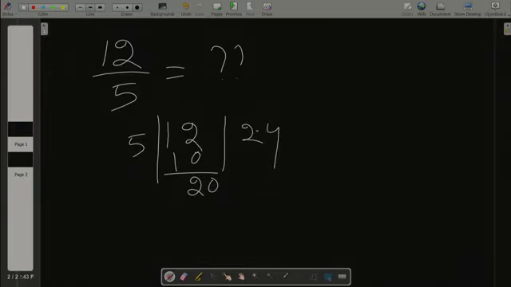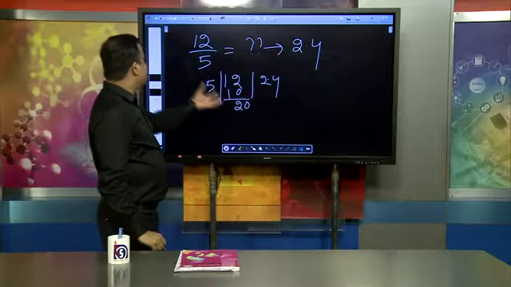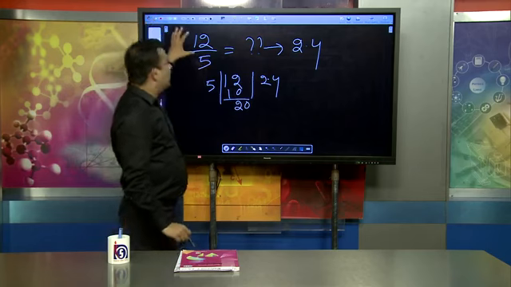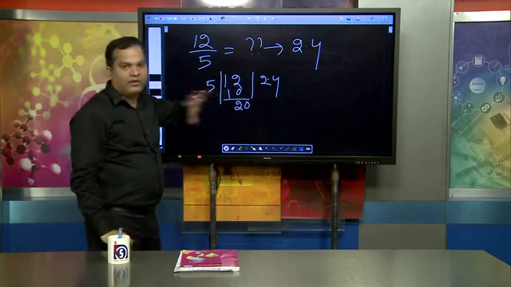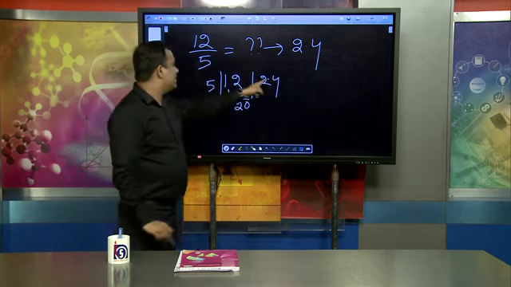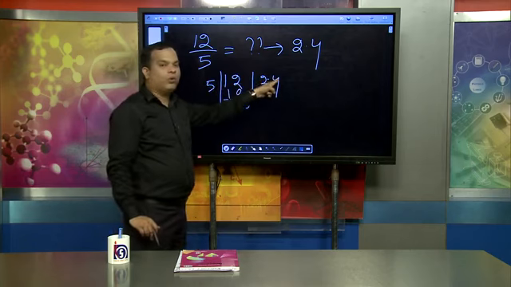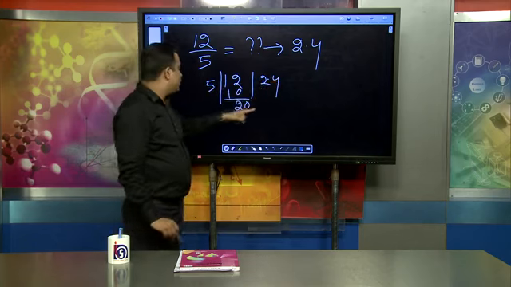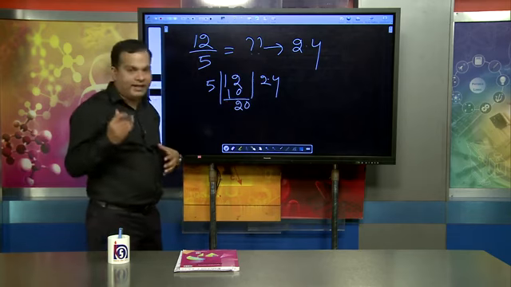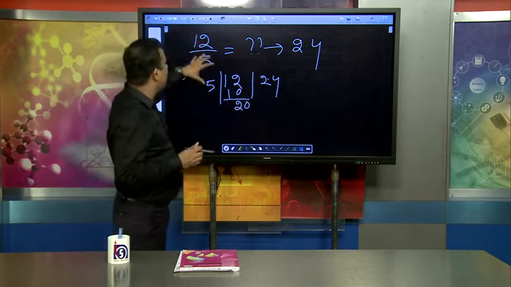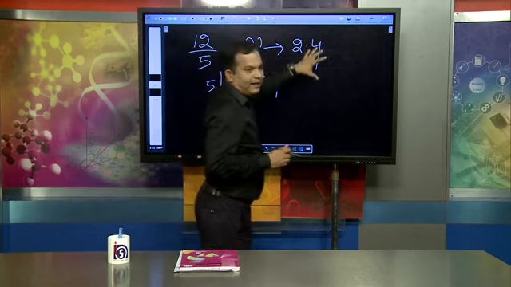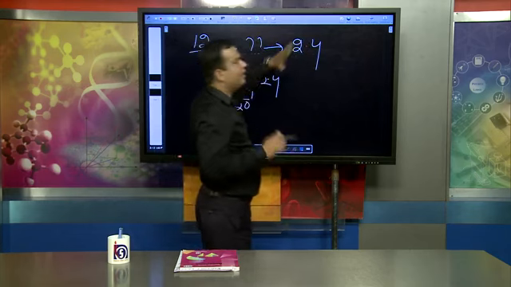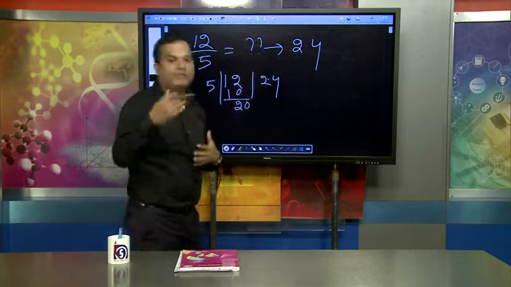So 12 by 5 is equal to 2.4. That means it is exactly divisible. After the point I have written 4, 2.4. So what we find here is that when a rational number is terminating, it means we clearly find its value at one point.